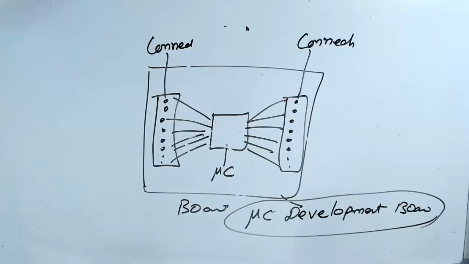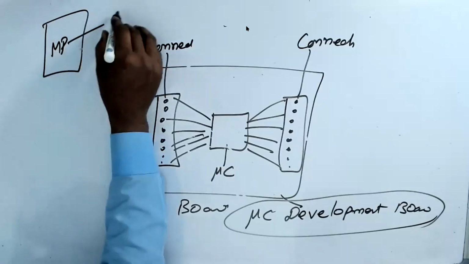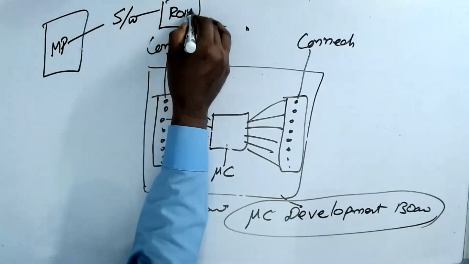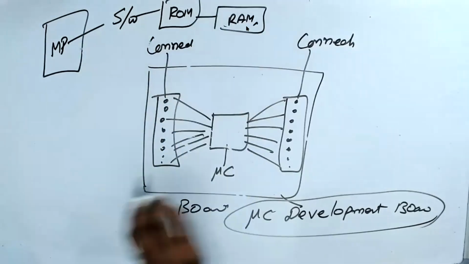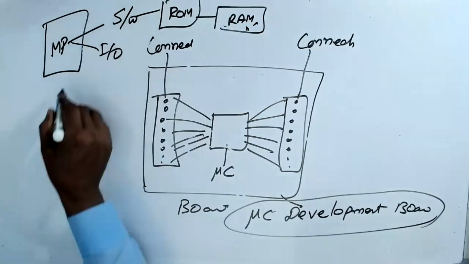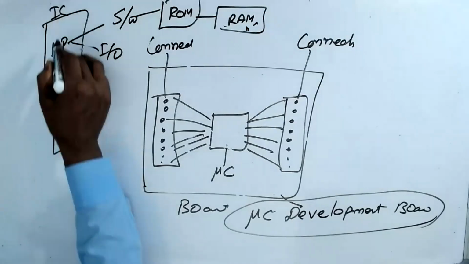So we have three things. Please understand. We have a microprocessor, for which you write the software that is stored in the ROM, and RAM for variables, and we have IO. Now we put everything inside a single chip called a microcontroller. This is an IC.